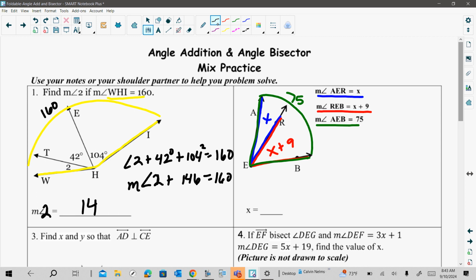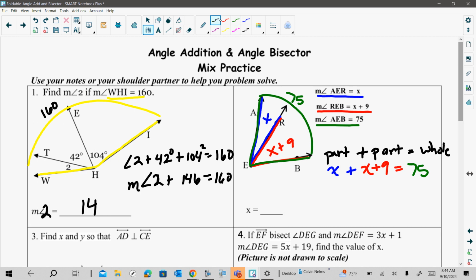So for a problem like this, because we have adjacent angles, we should be doing angle addition: part plus part equals the whole angle. So you take the small part x plus the other part, the adjacent part x plus 9, that's going to equal the 75. This is the equation I need to see on your paper. I will be checking for setup.